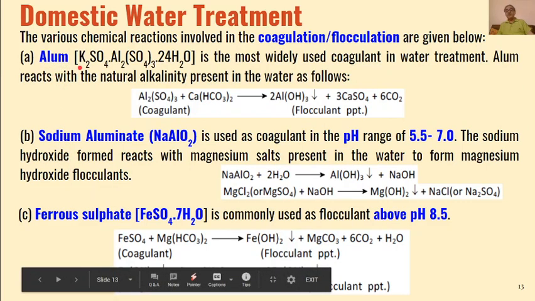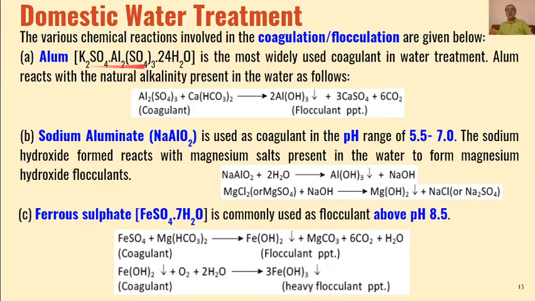Alum is hydrated potassium aluminium sulfate, and this is very commonly used as a coagulant in water treatment. This coagulant reacts with the natural alkalinity present. We know that temporary hardness is present because of calcium bicarbonate.